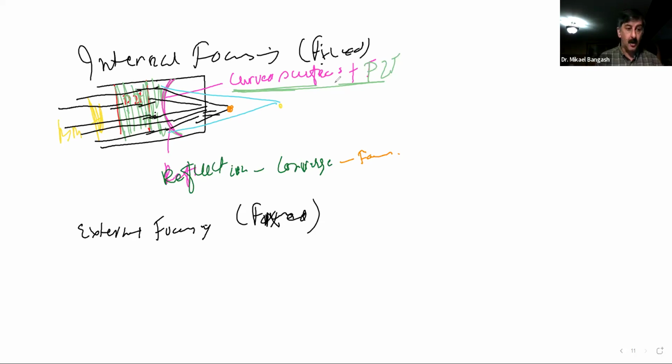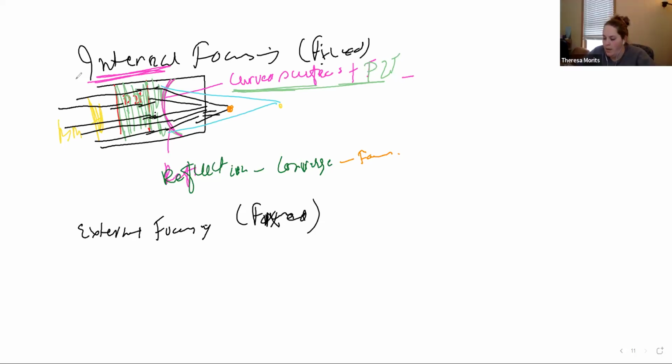But guys, mainly because it is the surface of the PZT itself that is curved, that's why we call this internal focus. Did you guys get that? Yeah. Good.